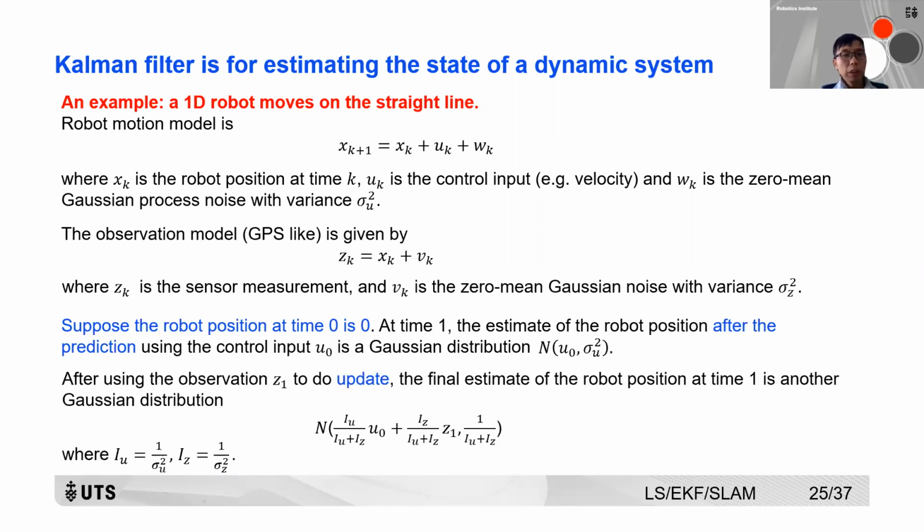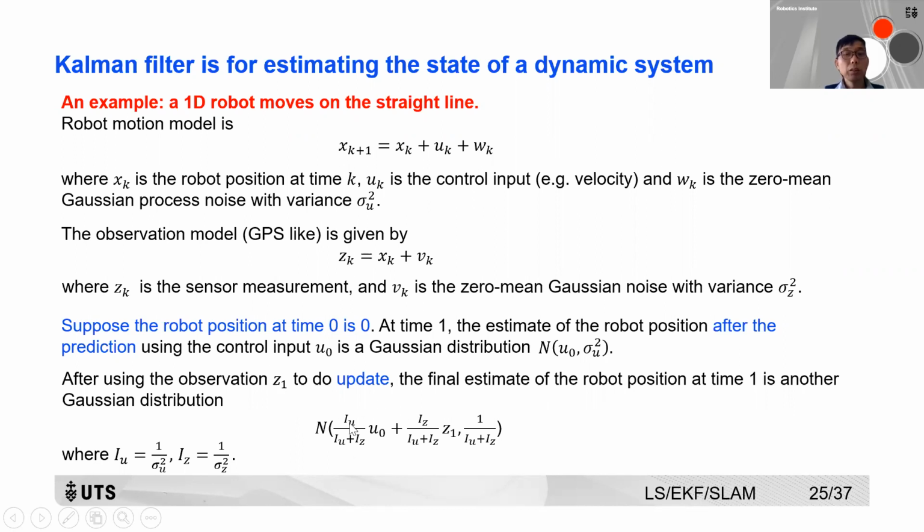Now, after we have an observation, in this case z_1, when the robot is already at time 1, we use this to do the update. After the update, the robot position will be a weighted sum of u_0 and z_1, because one piece of information tells you the robot is at u_0, and another tells you the robot is at z_1.